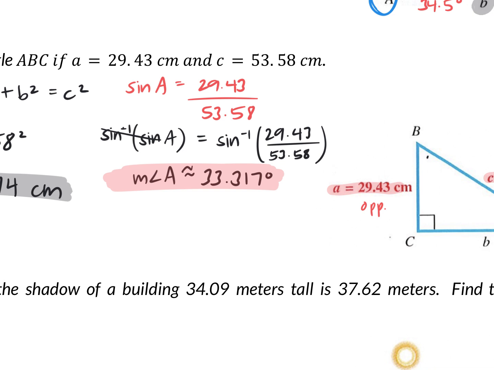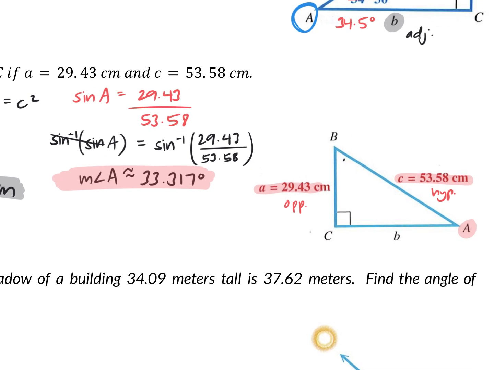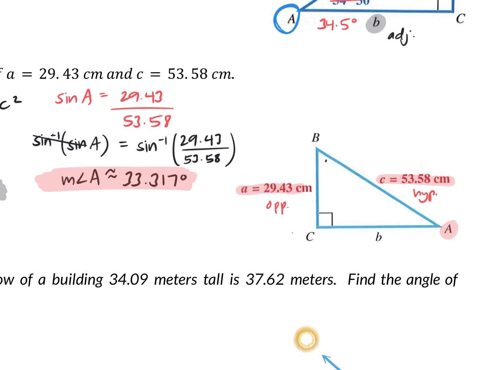Anyone not get that on their calculator? All right, and then just like Will was saying here, if I know now that this angle is 33.317 degrees, and I know this is 90 degrees, do I need to do another trig function and inverse to find out what letter B is? No, I can just find letter B by subtracting, okay?